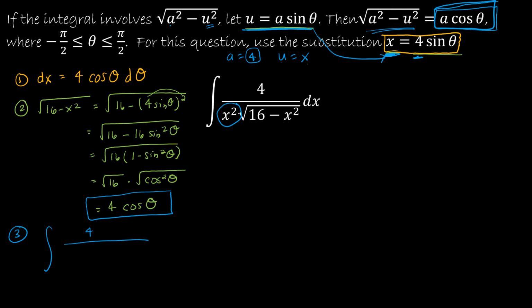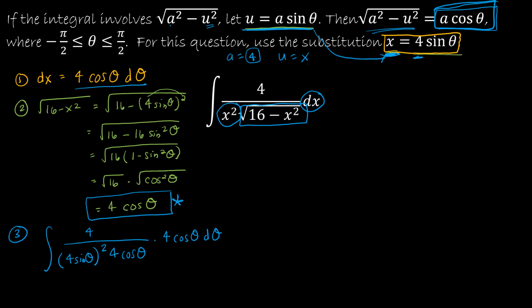This is x squared, and so I'm going to replace x with 4 sine theta, and then I'm going to square it because it was x squared. Root 16 minus x squared, we already determined right here, is 4 cosine theta. And then dx is going to be replaced with 4 cosine theta d theta.